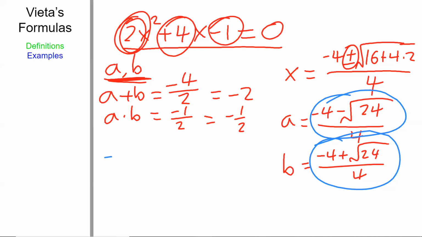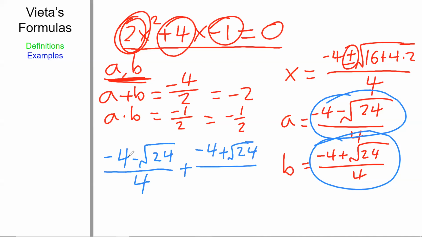So you have negative 4 minus the square root of 24 divided by 4 plus negative 4 plus the square root of 24 divided by 4. Because both of these fractions have the same denominator of 4, you can put them over the same number. So let's do that here.